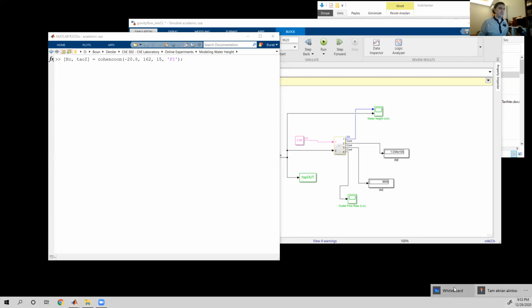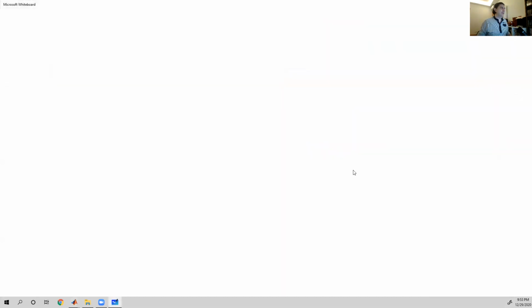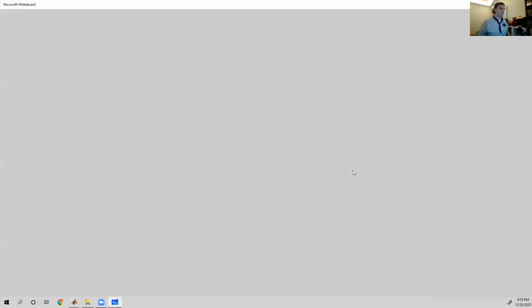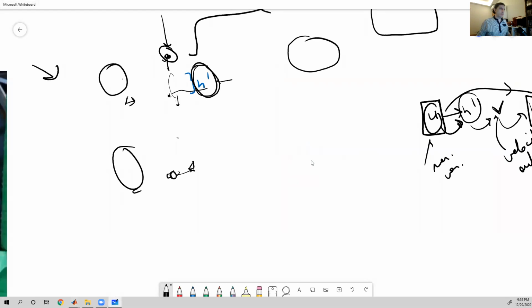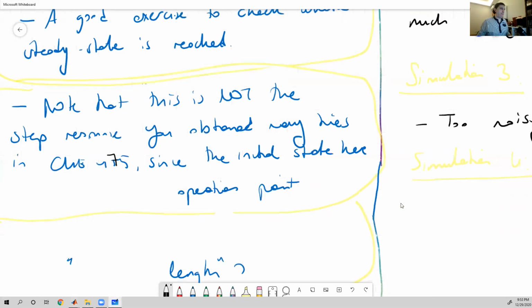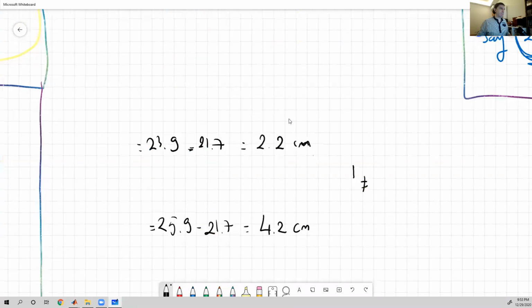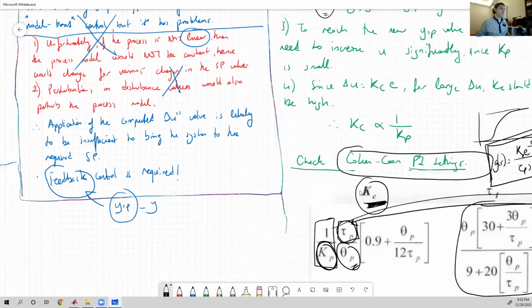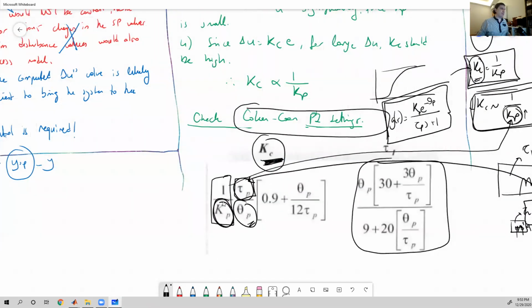Let me show you here again on this whiteboard. What we need are those 3 coefficients or parameters, and from the open loop test, you should come up with those values.